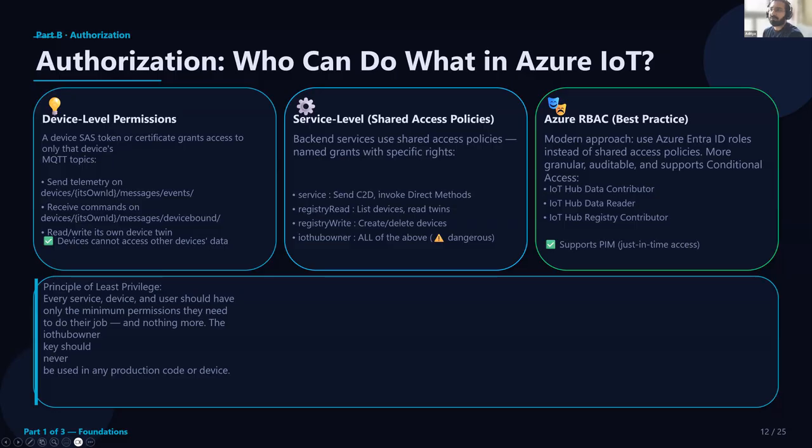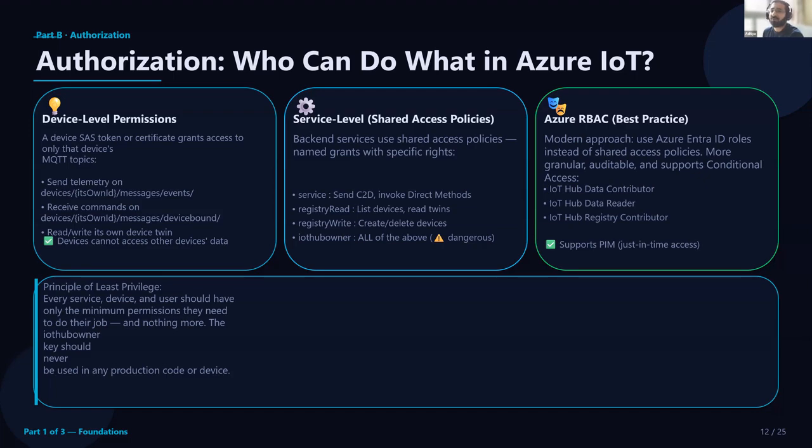These RBAC policies, the rules are created and you can configure them. What happens if you use IoT Hub owner? It grants full access to everything. Teams reach for this because it is very easy to implement, but it violates least privilege.